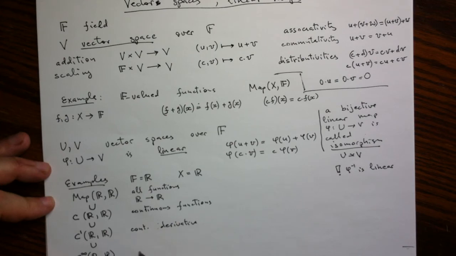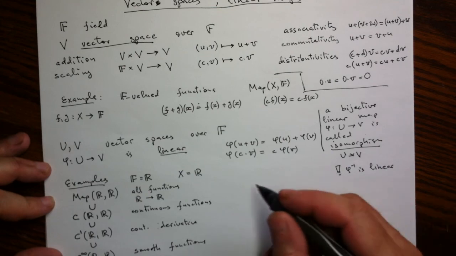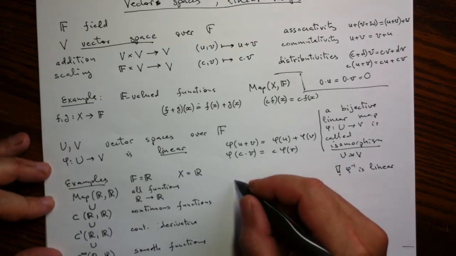They're called smooth. So all these are nested subspaces, and all those embeddings are linear maps. But they are rather boring, so let's look at something somewhat more interesting.